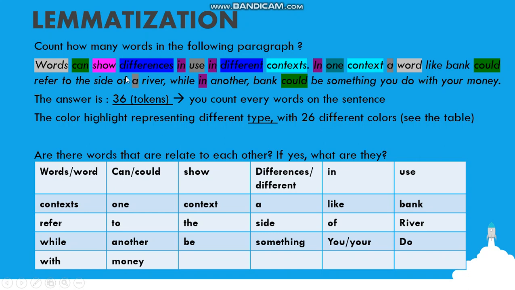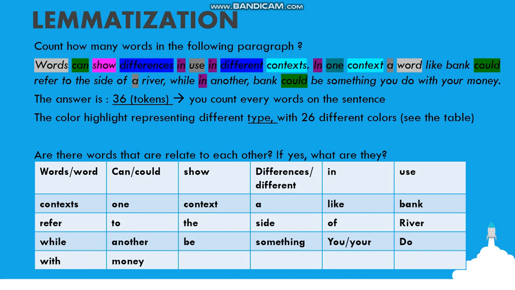It means that we are going to differentiate between the words differences and different in this context, because differences in this context has a very strong argument compared to different, because different explains the word's context. So as you can see, they are different.